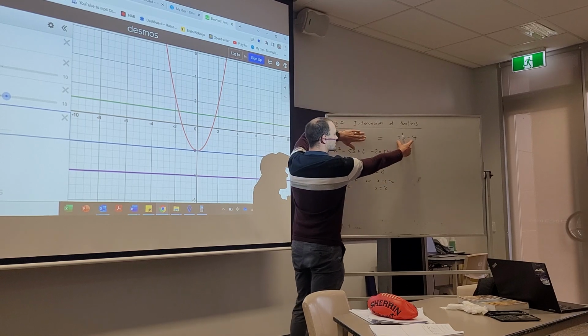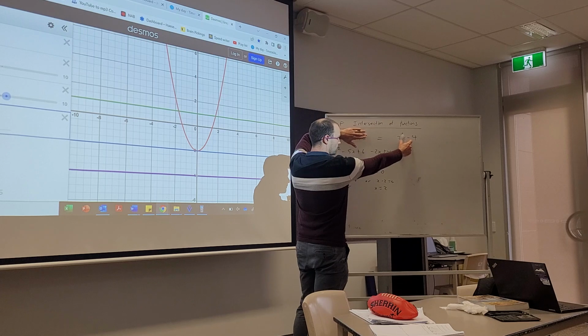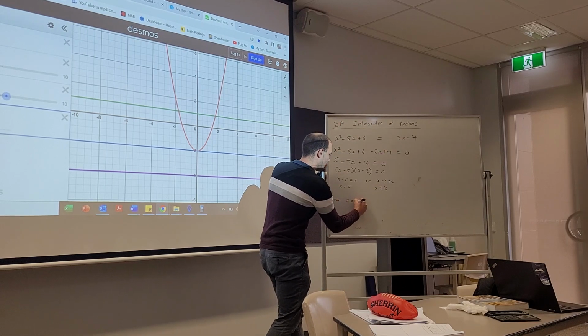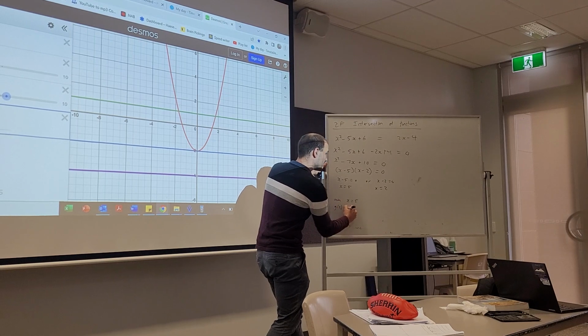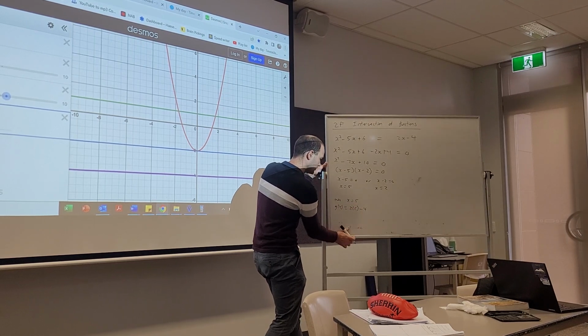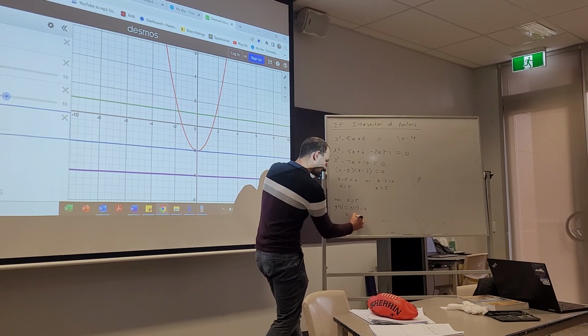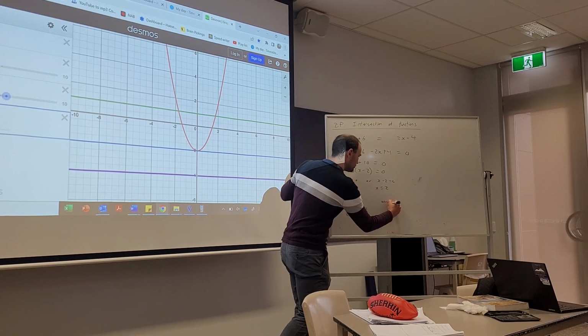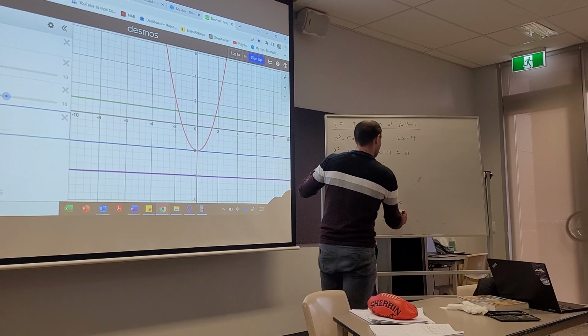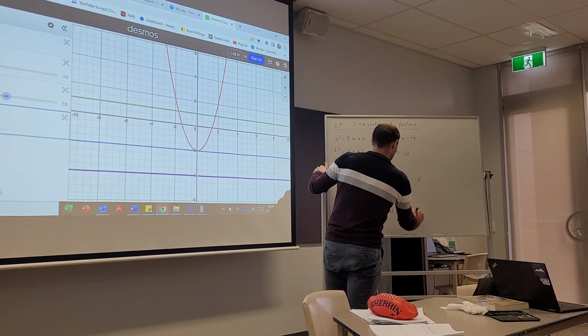And with this one, you don't even have to square anything. That's going to be much easier to put it into. So we're going to say when x is 5, g of x is going to be 2 times 5 take 4. So that's 10 take 4, 6. And when x is 2, g of x is 2 times 2 take 4, which is 0.